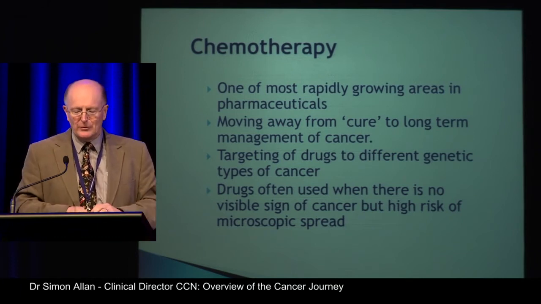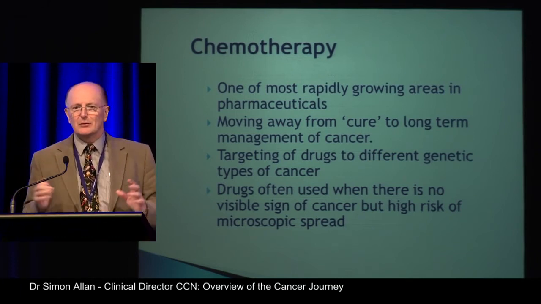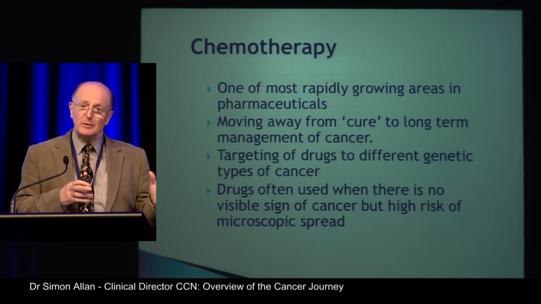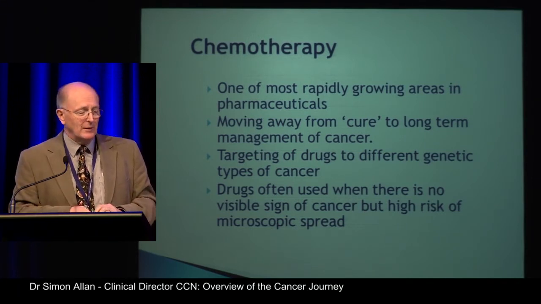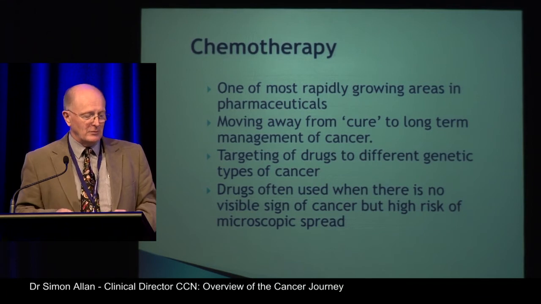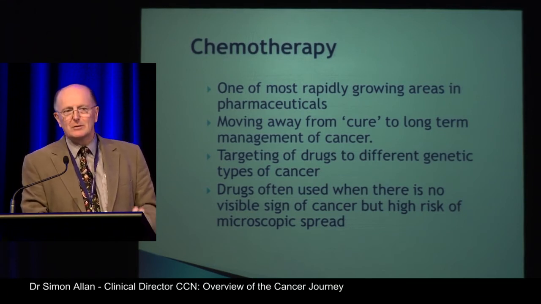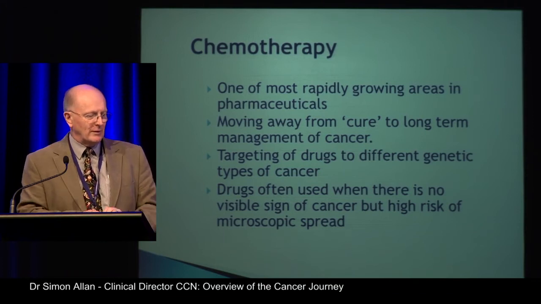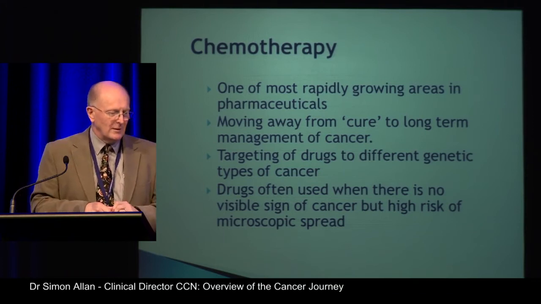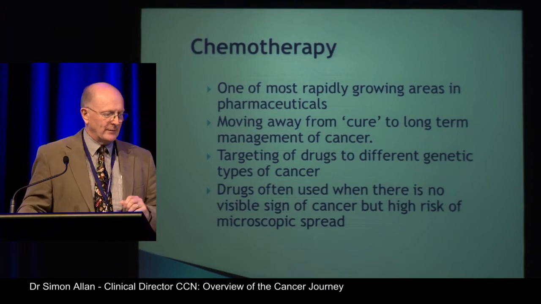Remembering again that there's 250 different types of cancer, it's not necessarily for the common ones, it might be for some of the rarer ones, but new treatments are coming through big time as knowledge increases and better ways of getting drugs to target the whole thing about how cancers grow and how to stop them growing.